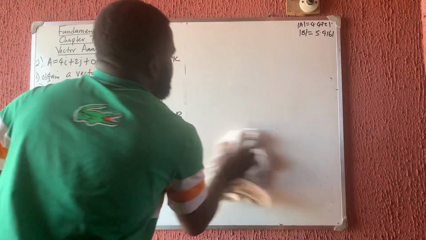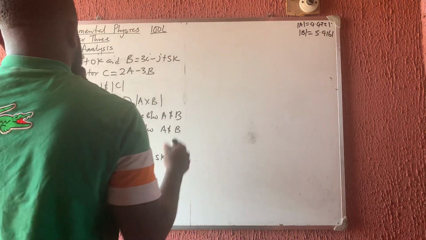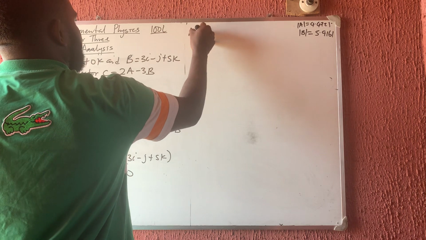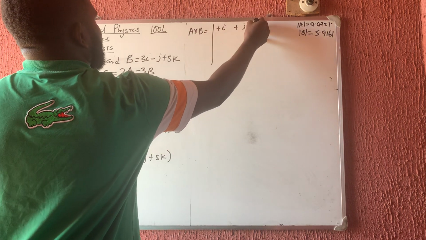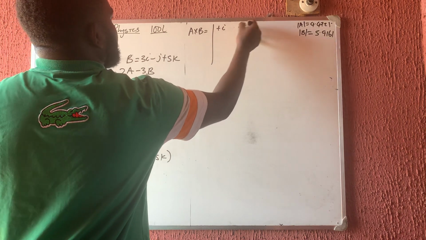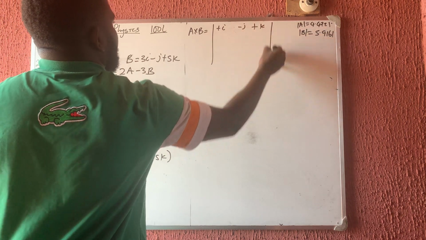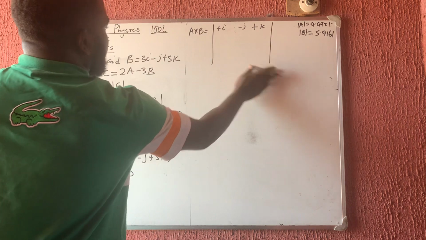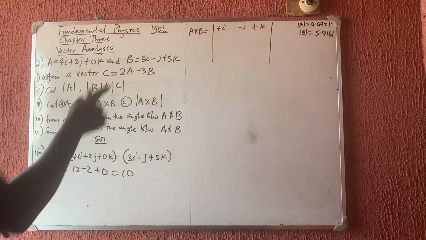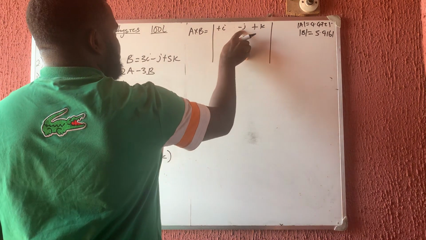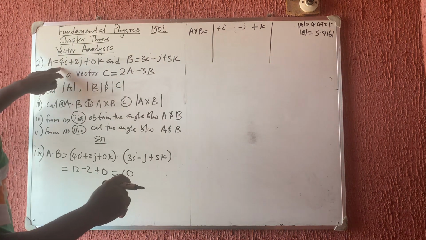The next question they say we should calculate is A cross B. A cross B simply means plus I, minus J, then plus K. Don't forget that cross product is a vector product, and we use matrix to get our answer.